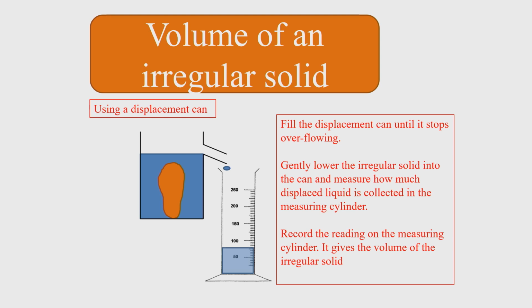Our stone is then gently lowered in it. The volume which overflows is collected in a measuring cylinder. The volume of water recorded corresponds to the volume of the stone.